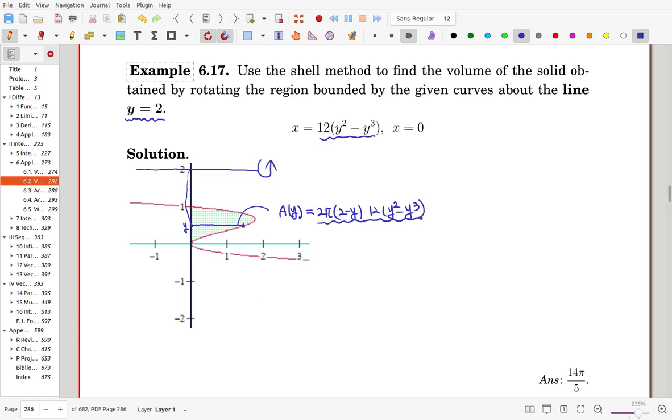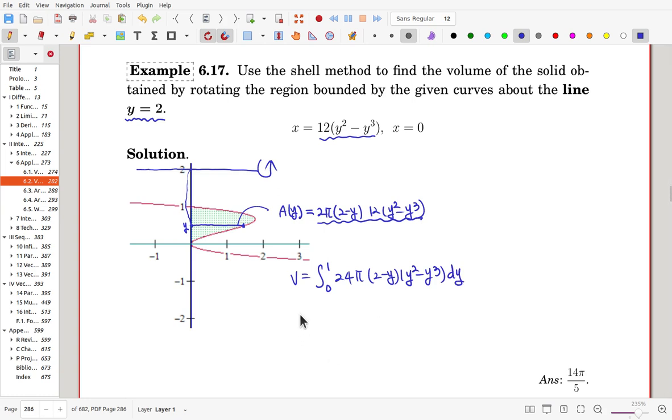Now y is moving from 0 to 1, so the volume must be the integral from 0 to 1. The coefficient is 2 pi over 2, which is pi... Let's try to finish the computation: the integral from 0 to 1 of 2 minus y times y squared minus y cubed dy.